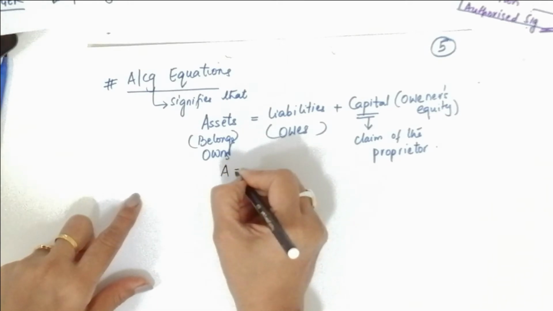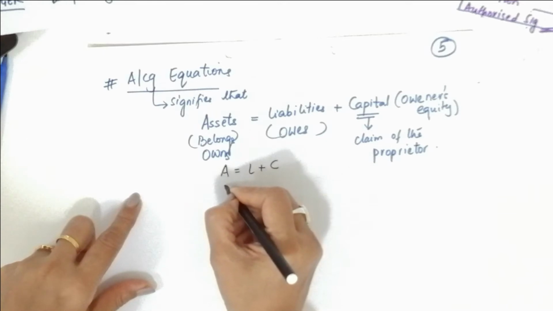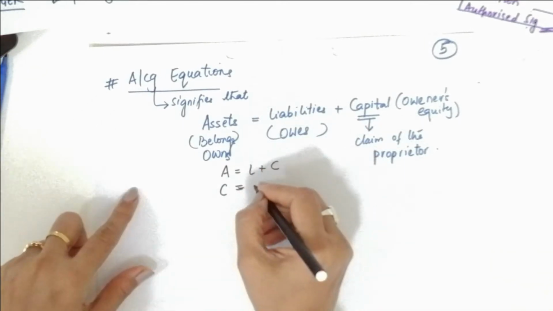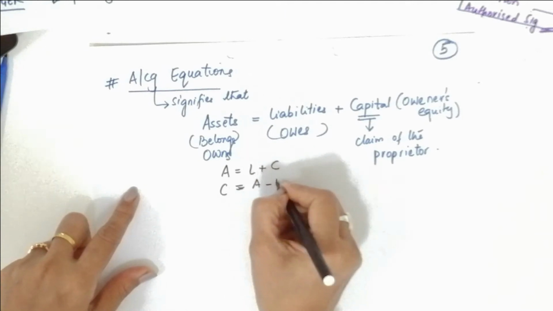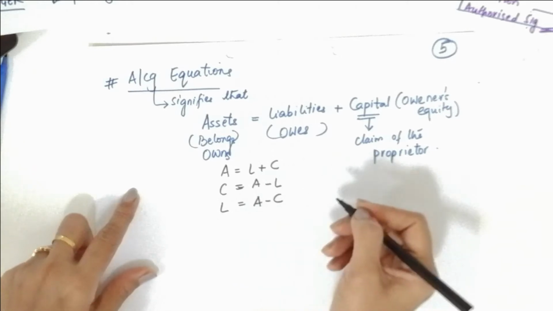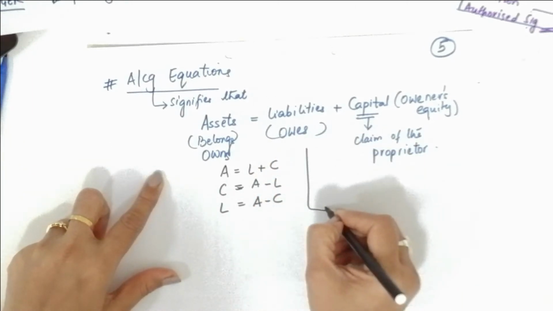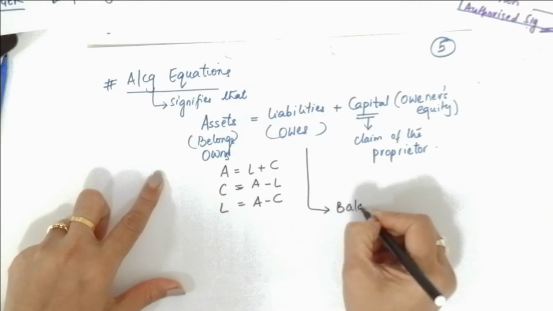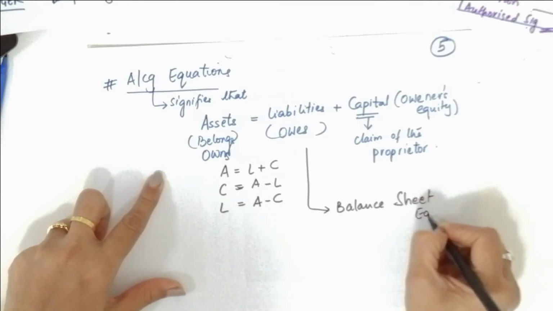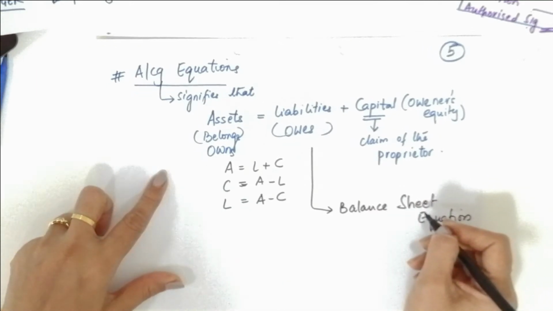So my assets are always equal to liability plus capital, and this in turn you can turn around: capital is equal to asset minus liability, and liability is equal to asset minus capital. Now, this equation is also known as my balance sheet equation. Alright, this is also known as balance sheet equation.